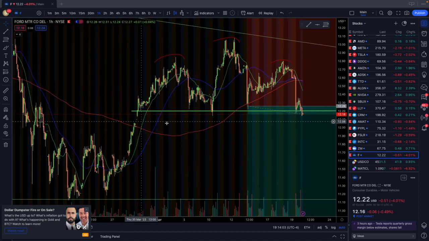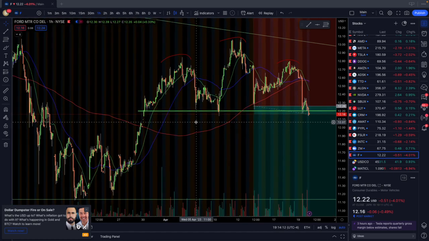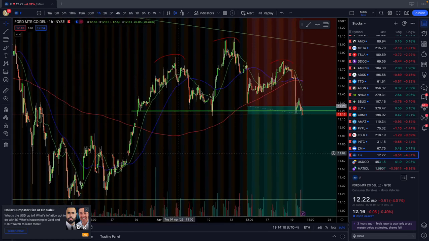So price gaps usually tend to get filled. They don't necessarily have to, but history shows that they usually do tend to get filled. Here's a price gap that did get filled on Ford stock. Here's another price gap that did get filled on Ford stock again. Another price gap that did get filled.